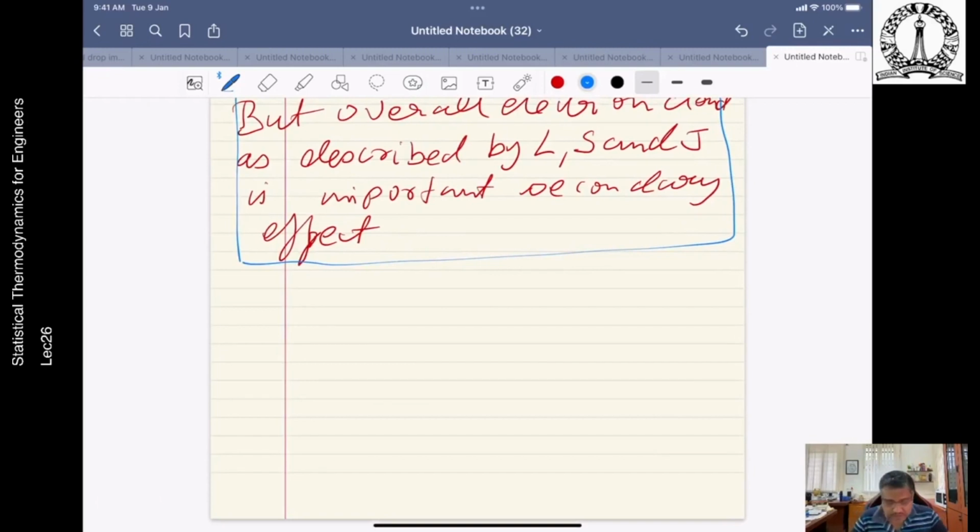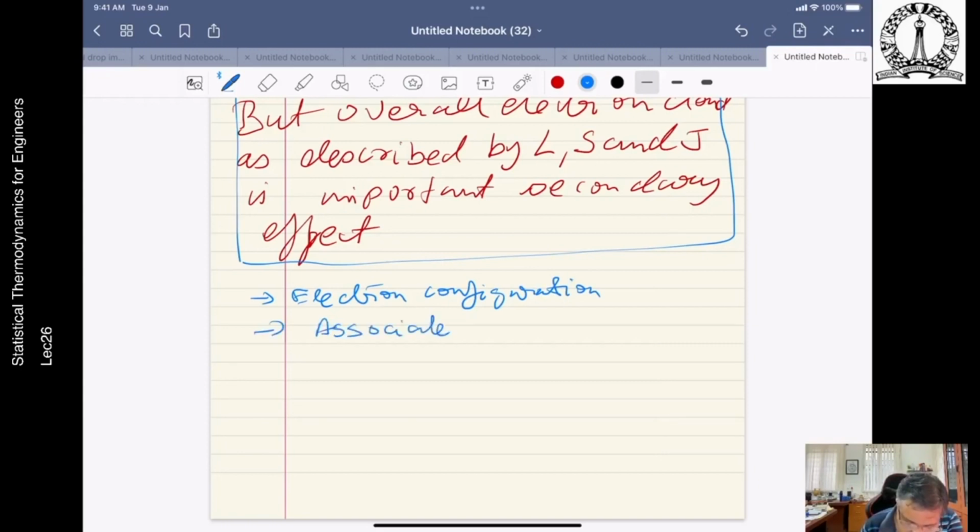Therefore what we require is the electron configuration and the associated angular momentum quantum numbers.